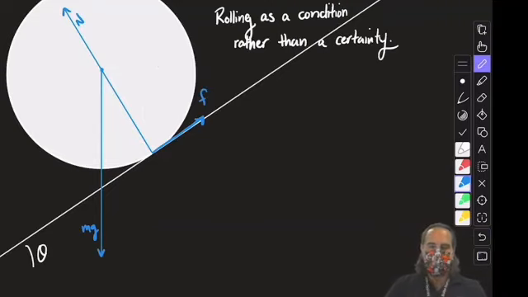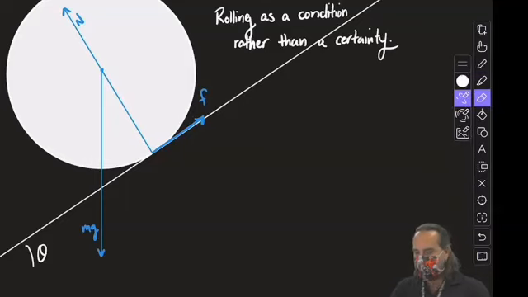Now, if you rolled something up a ramp, it would be slowing down. The friction would still be this way. Now, I'm not saying there isn't a condition for friction to be in the other direction. If something was attempting to drive itself up the ramp, well, then friction might be the other way. But currently, under the conditions we have, this should be the direction of all three of those forces. Any questions?